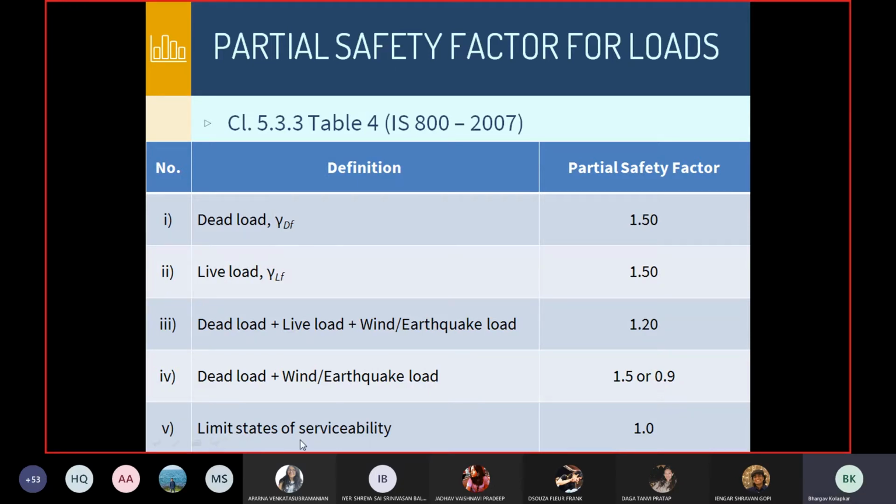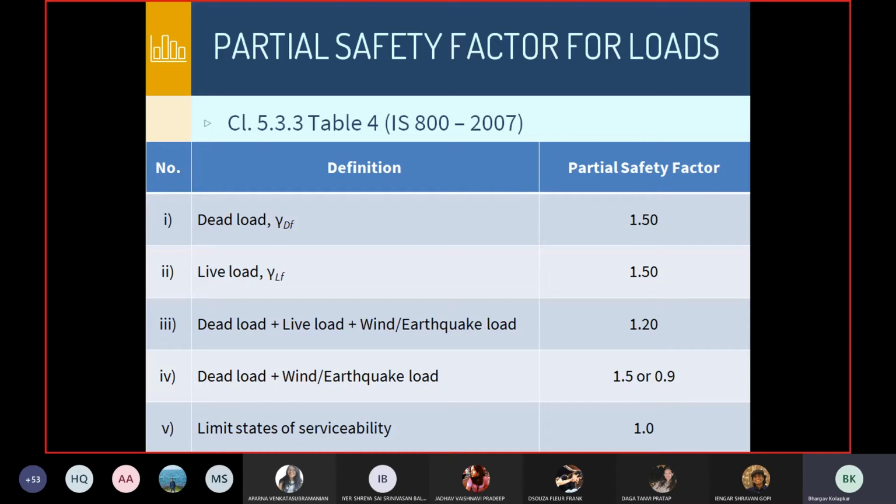Then for all the limit states of serviceability, meaning when we are calculating deflections and so on, we always use a factor of 1. The reason is that if your structure has reached an ultimate limit state, you really don't care how much it is deflecting, because anyway the structure is not usable anymore.